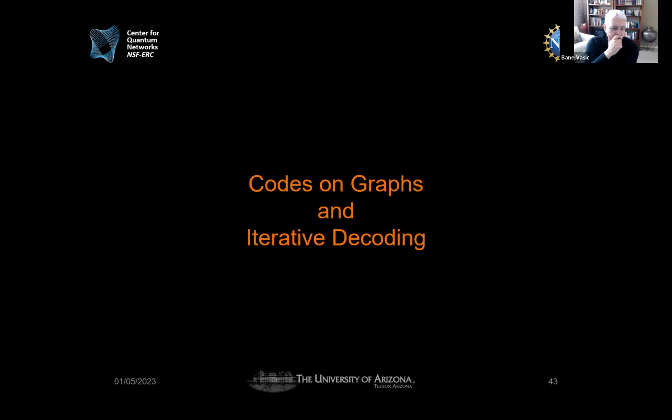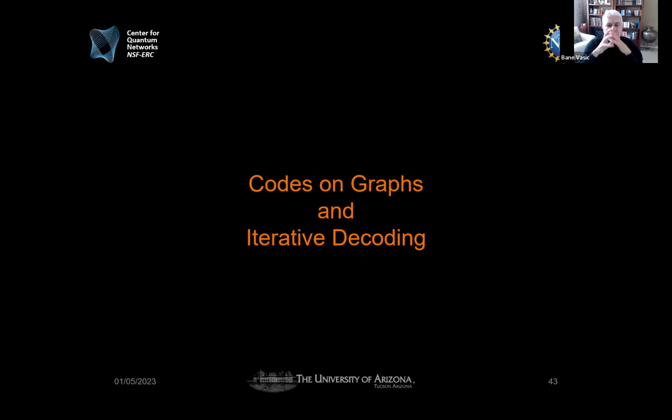So in the past decade or two, a group of codes was developed, and these codes are now widely used in many applications. These are all described by graphs, and decoder algorithms are also described as message passing algorithms on the graph.